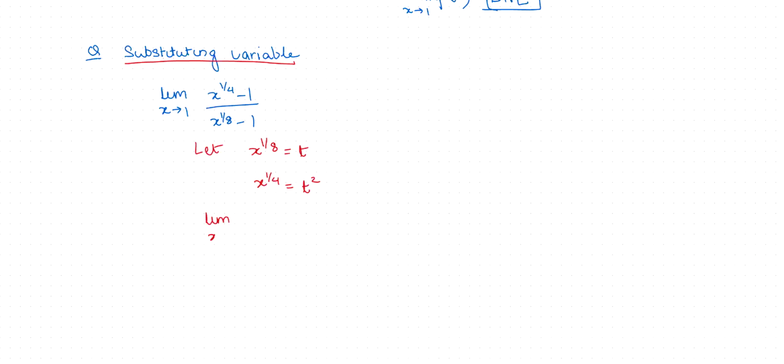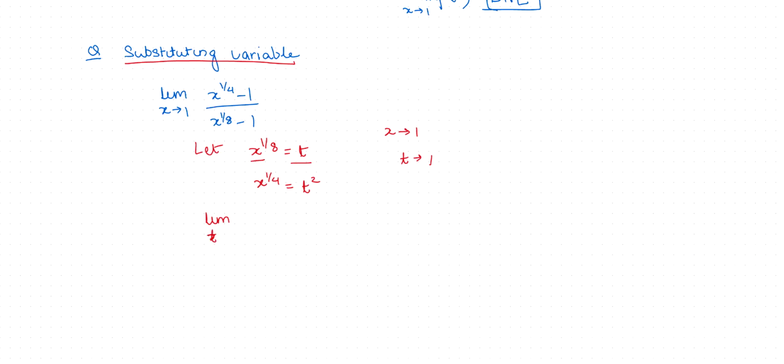As we substitute x with t, our limit also changes. So here, when x tends to 1, t also tends to 1, because if we put x as 1, t will be 1 in this case.